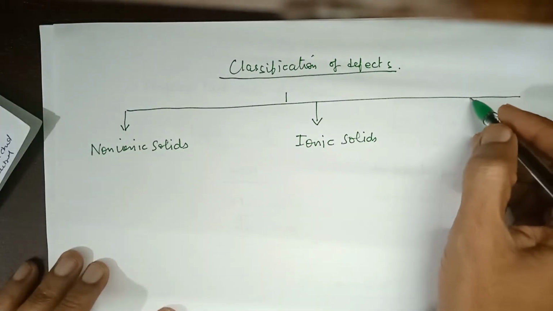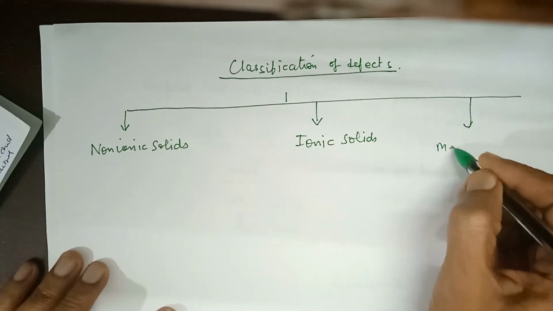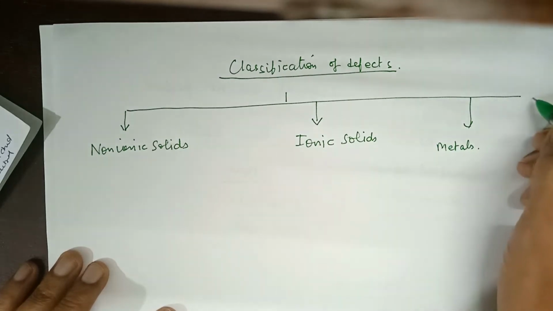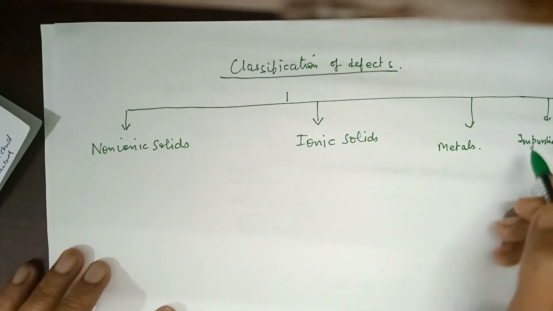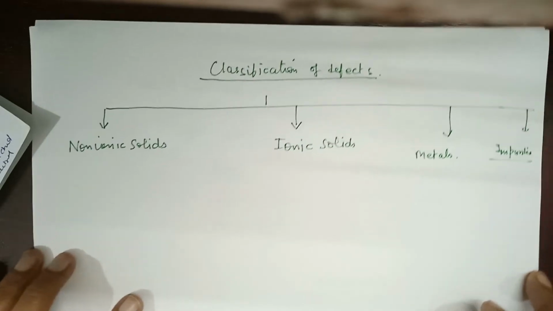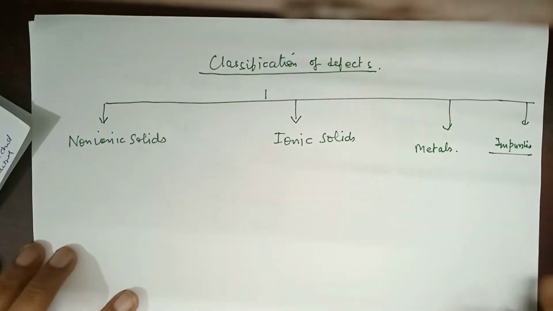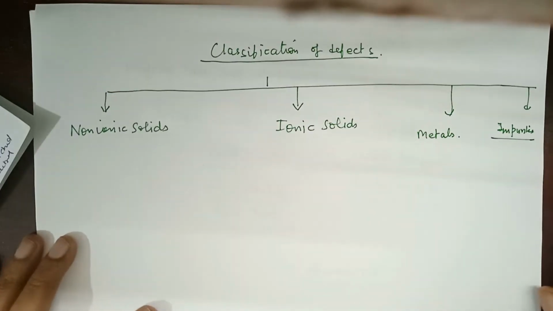And then for metals, and then impurities. Broadly speaking, these four types of defects are there in crystalline solids.